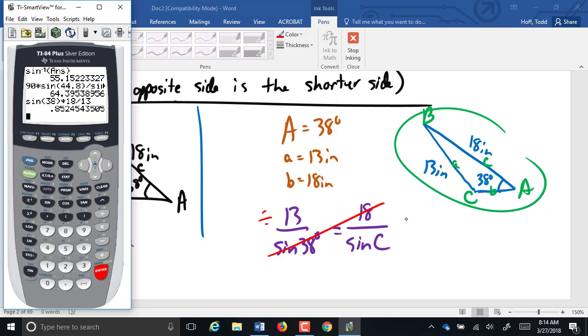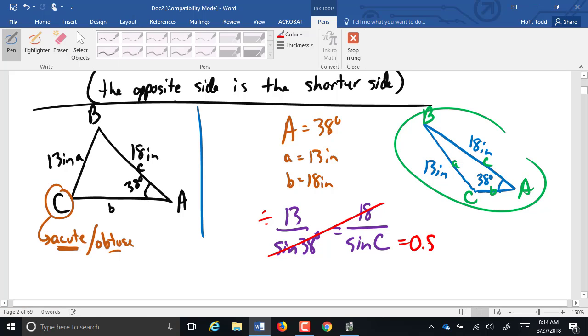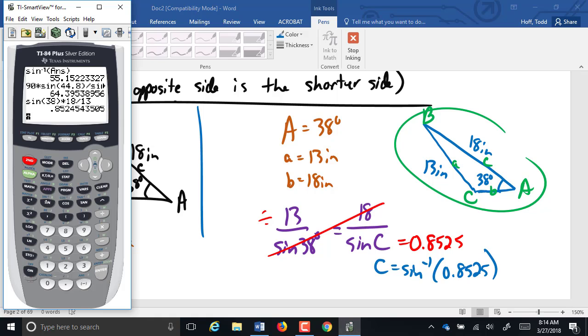I get 0.8525 basically. Yes, that means that C is going to be the inverse sine of that. Second sine, second answer. 58.48.